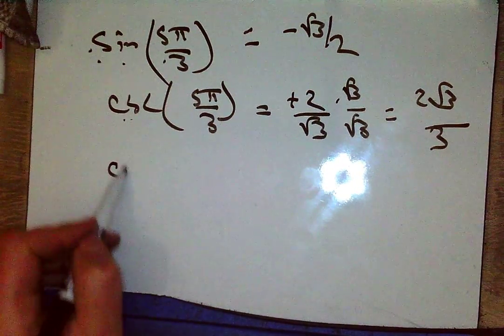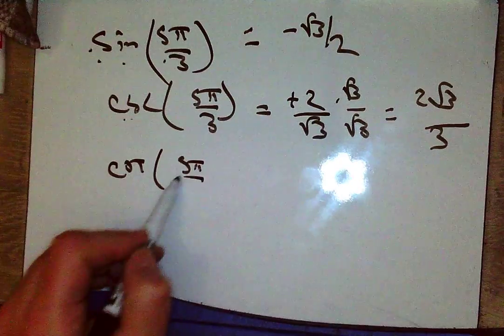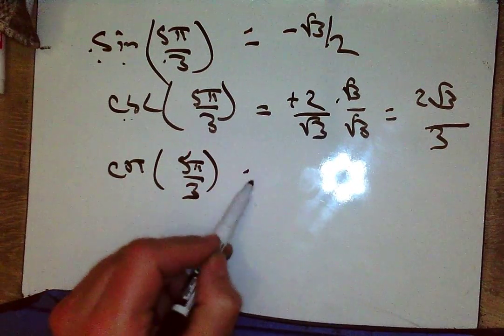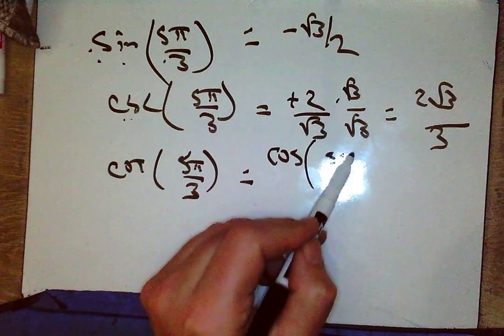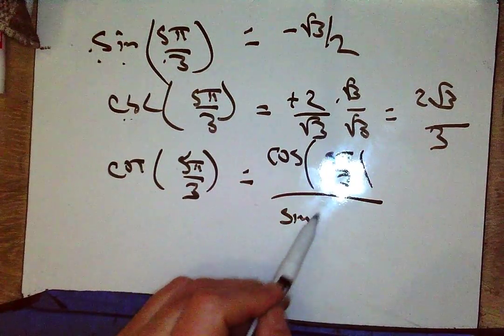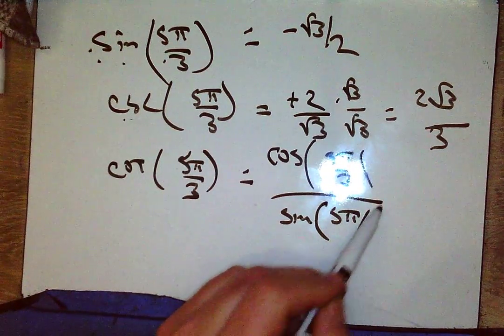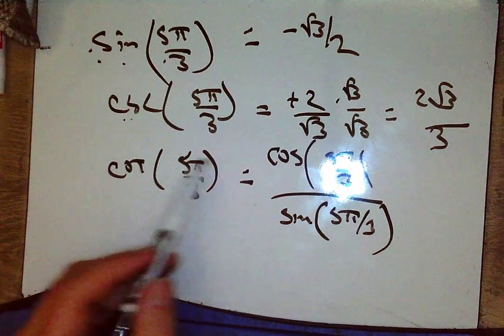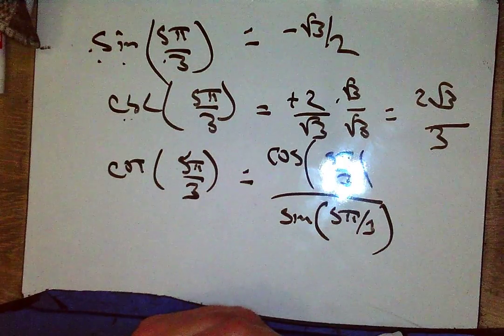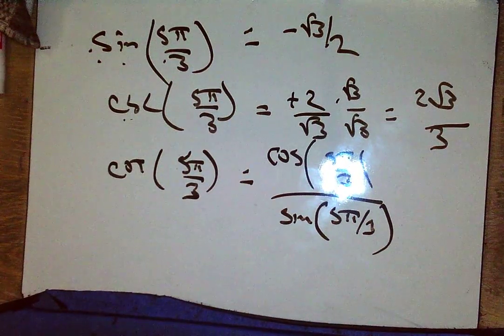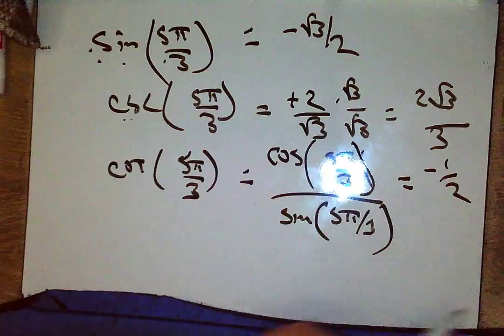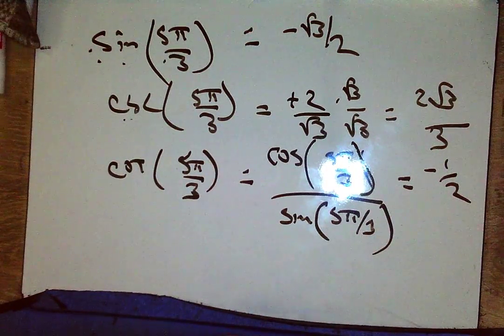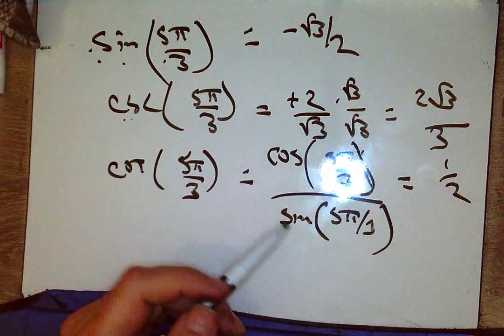Okay, and then finally here, cotangent of 5 pi over 3. What do we get? Well, that's the same as cosine of 5 pi over 3 over sine of 5 pi over 3. The cosine of 5 pi over 3 is the x value, and that's going to be positive 1/2.